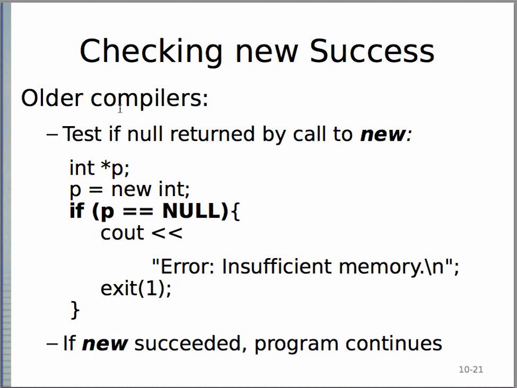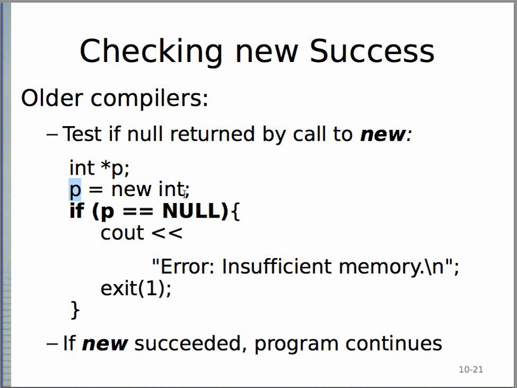Okay, so therefore, in older compilers, you would often allocate memory and check if it worked. If it didn't work, what you would get from new is the value null. So if the memory allocation is successful, this p value will be something other than null.